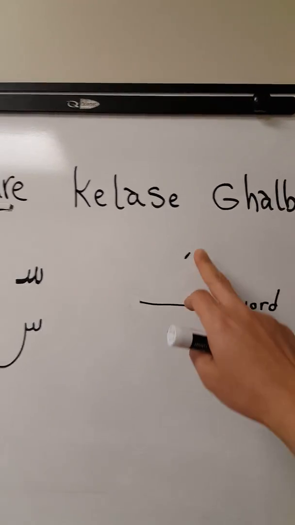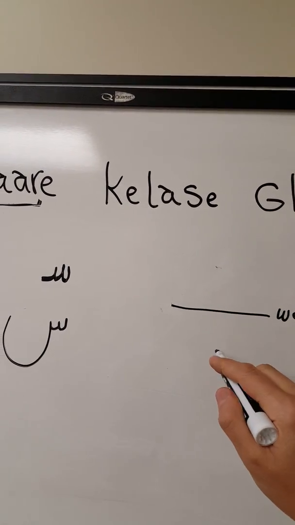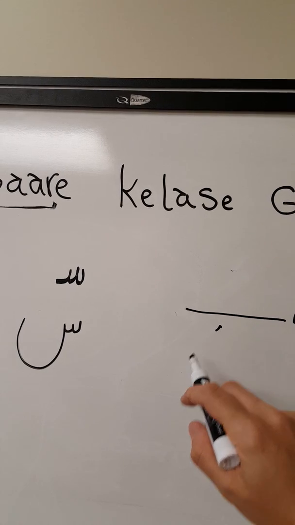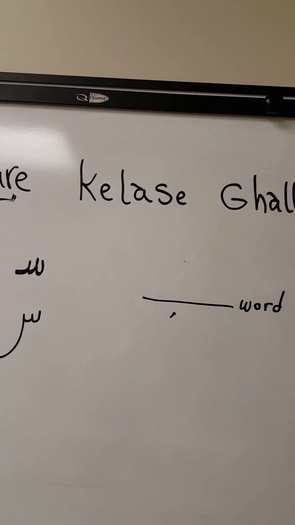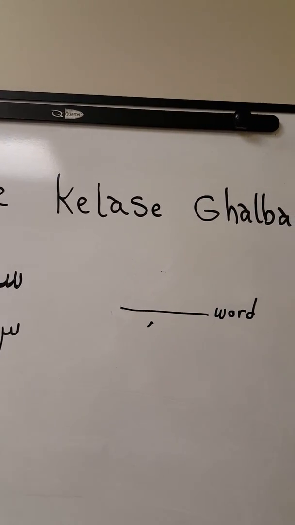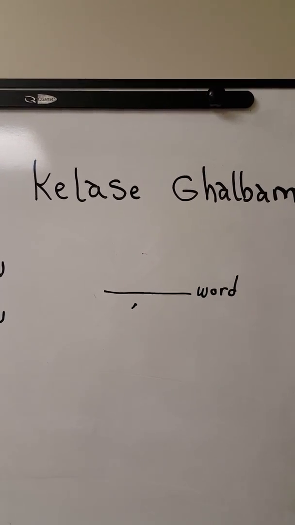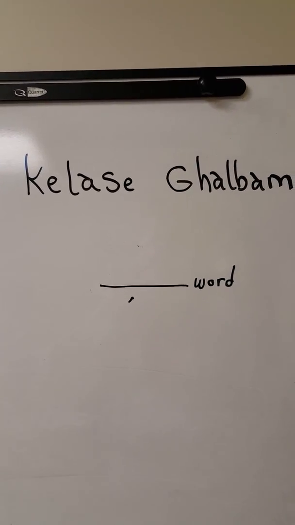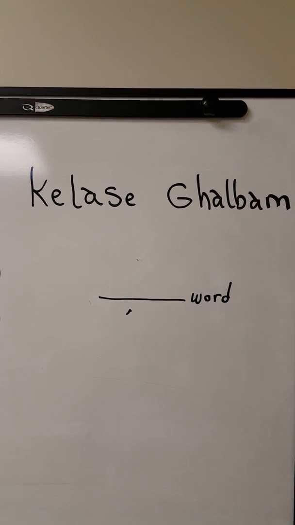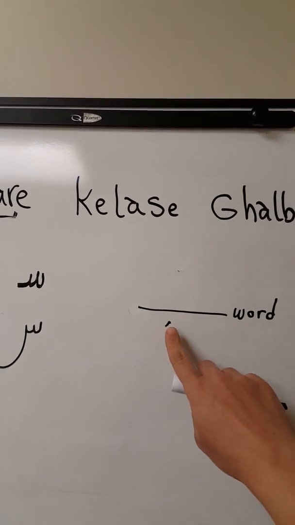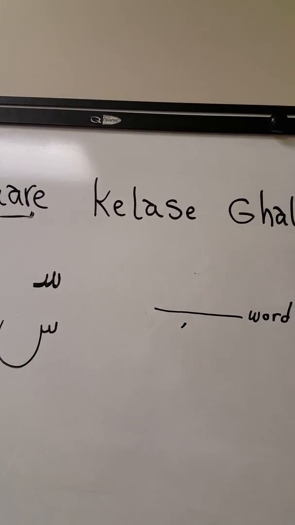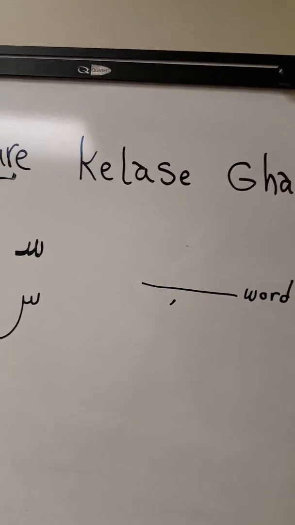And if the stress is under a word, which is supposed to be written under a word but now is missing, that's how it's written. In Arabic they do write that, and that's very nice of them.